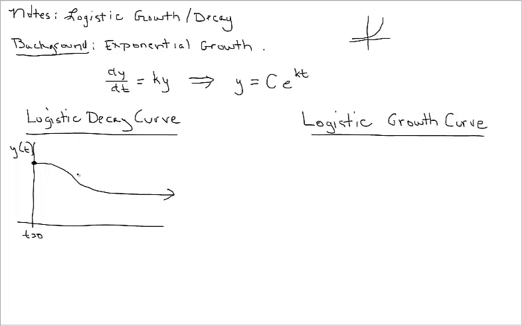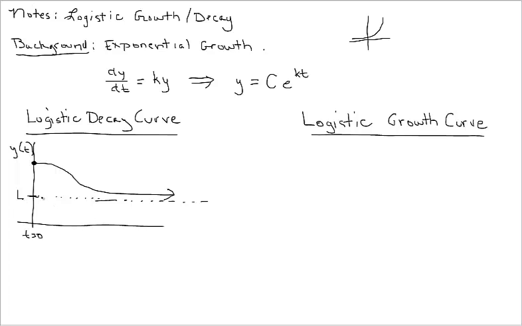Some things to consider right here is that this is your initial population. If I called this y value L, L being the limiting capacity, think about this horizontal line right here at y equals L, whatever that number is. The fish are going to decline until they level off and they reach this number L right here. L is called your carrying capacity, what the environment, the pond, can sustain.